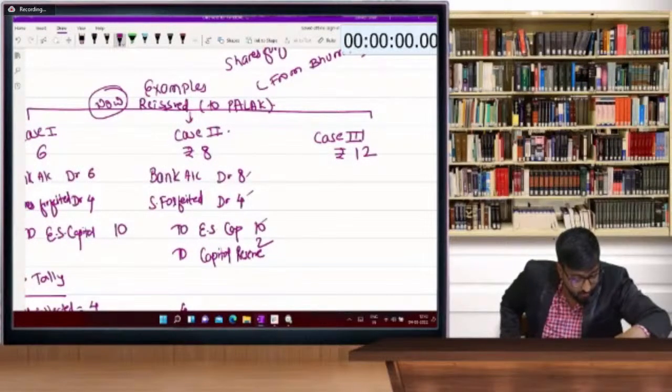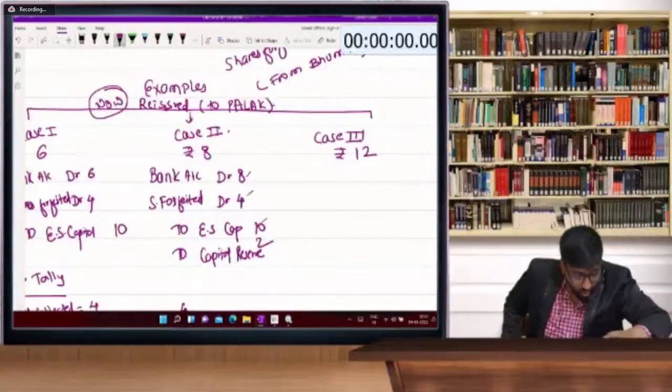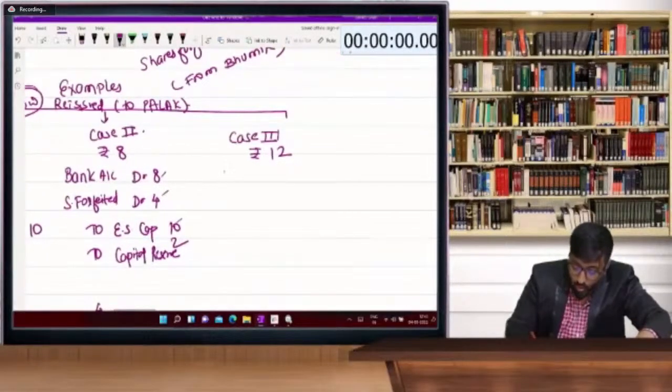Jyoti, no beta, wrong. Sarthak beta, intelligent. Shiba, intelligent girl. Shiba Khan, wrong.